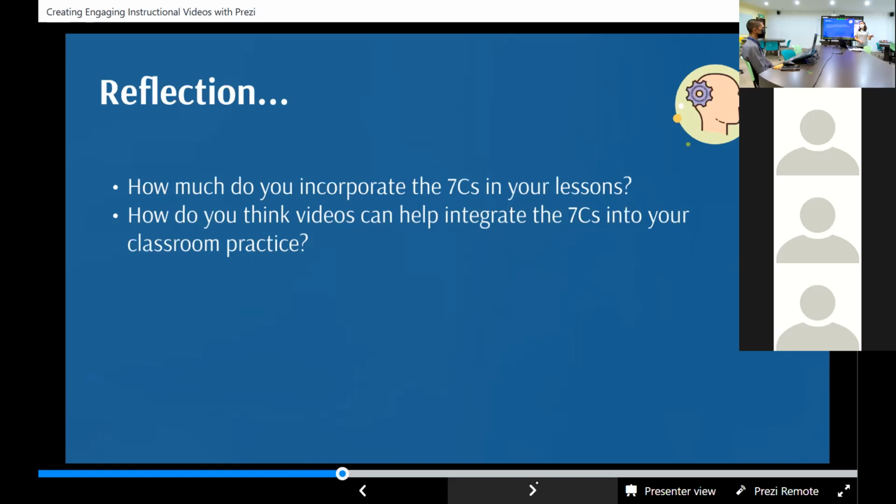Then you might have all the 7 C's, because you think about the collaboration, the communication, reaching out to the community and making changes. But generally for the rest of us, we might not have all the 7 C's. But how many of those C's do you have in your practice or in your lessons?